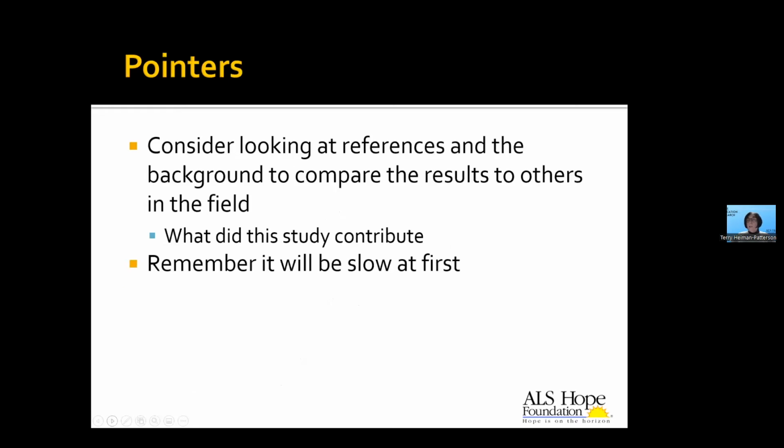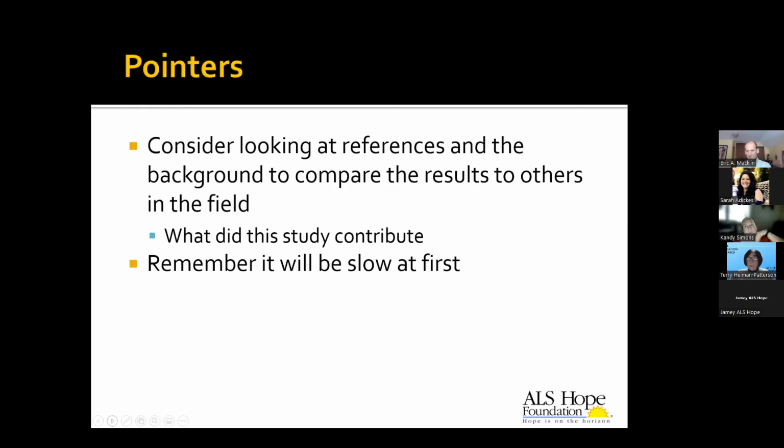Consider looking at the references that are provided, because they can give you more information about the background and more of an understanding of what's going on. They also help you understand: did this study add to what we know? Did it push the envelope? What did it contribute?